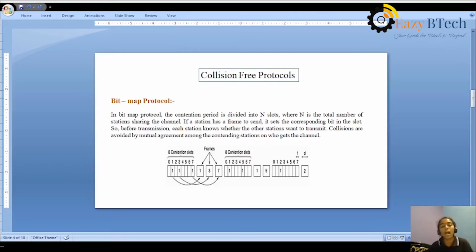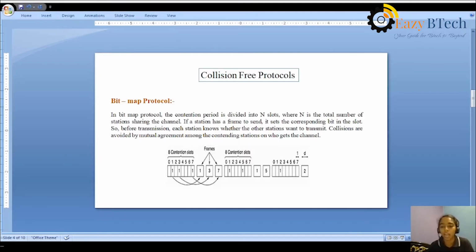So collisions will not occur, because the channel has a mutual agreement among the contending stations during the contention period about who gets the channel first to communicate a frame. After that frame is communicated, the channel will be allocated to the next station.